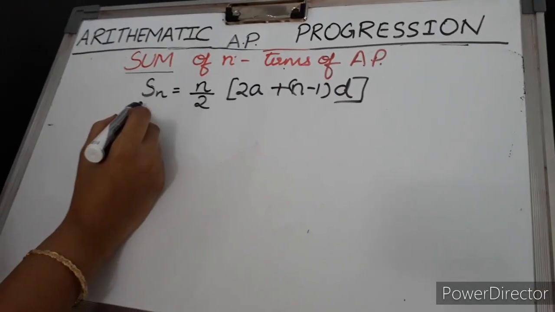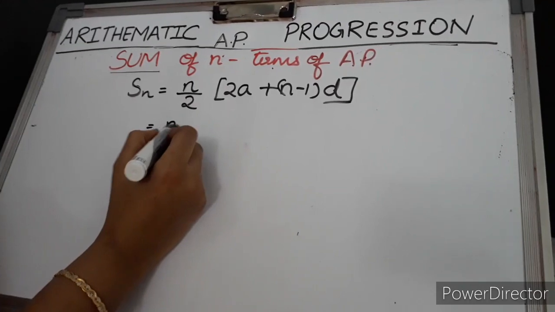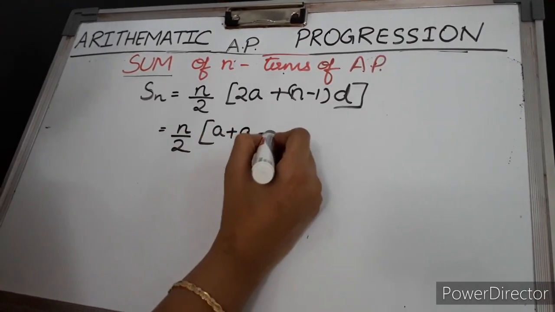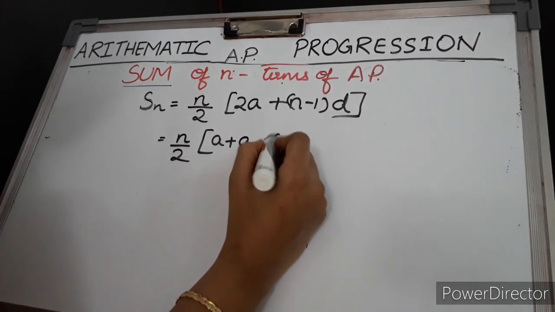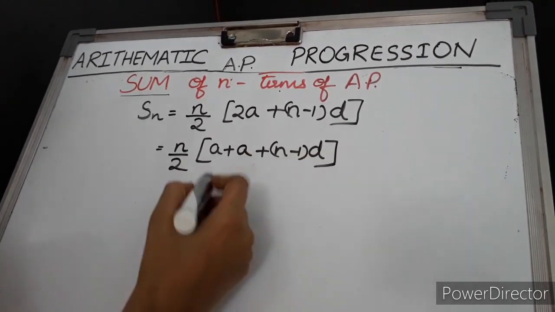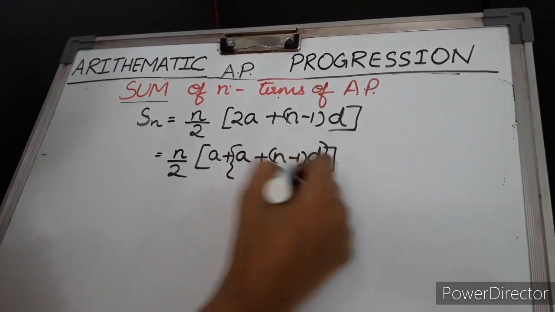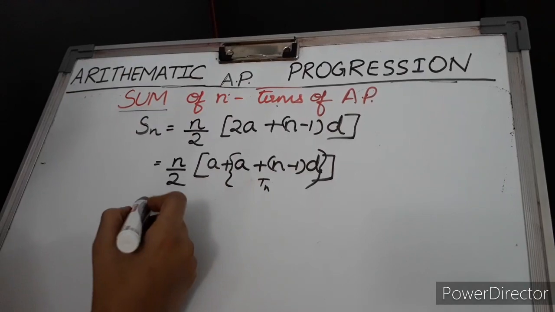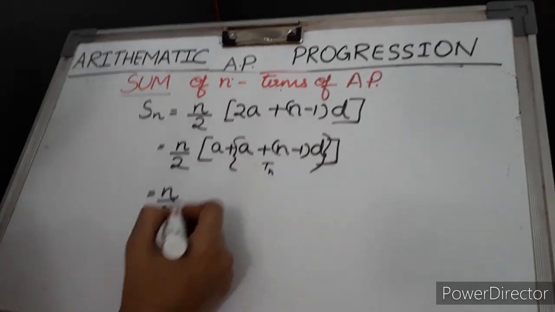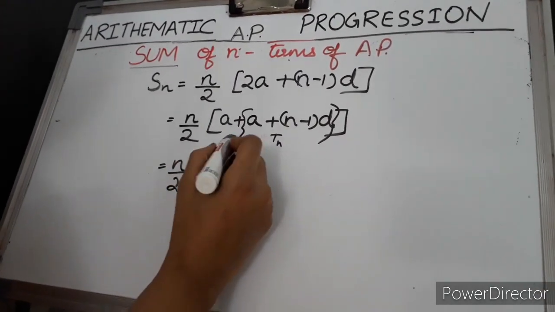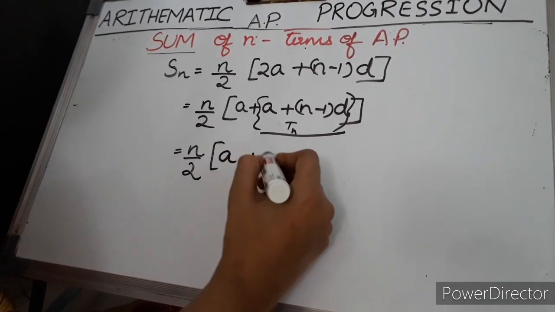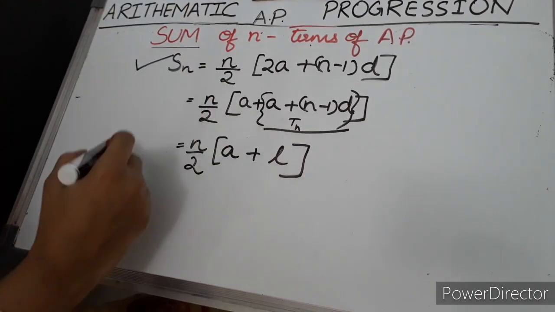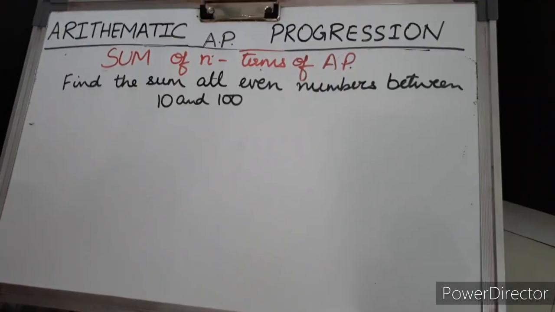If we split this, a plus (n minus 1) into d is Tn. If the question gives the last number, then we can find the sum by taking this whole term as L. So here you can see the formula.